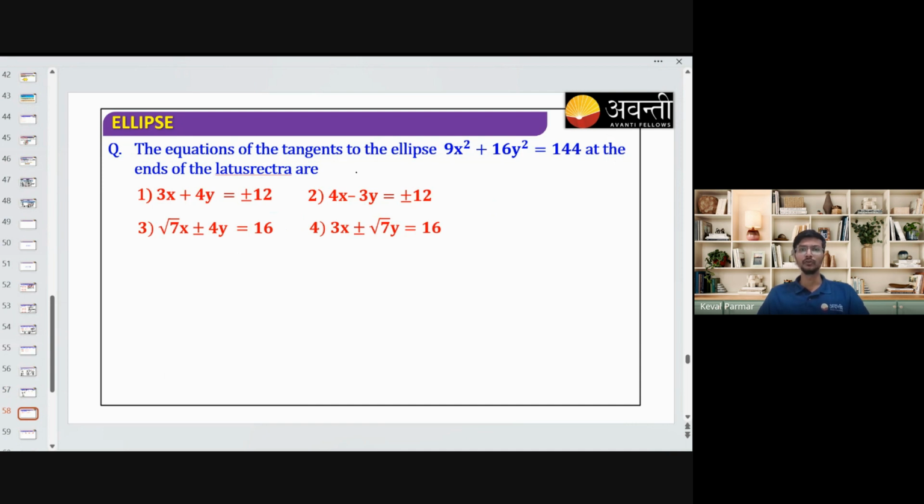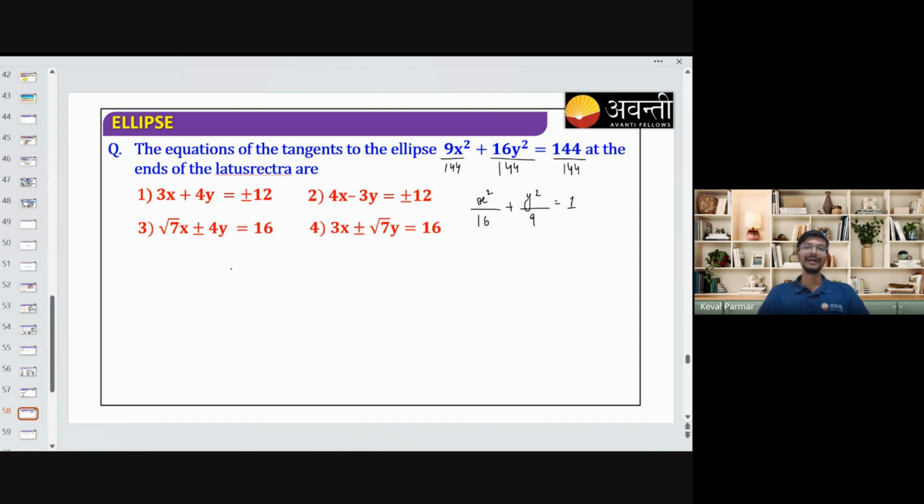Fine. So let's write the equation in standard form by dividing with 144, because on the right hand side we need one. So I think I'll get x square upon 16 plus y square upon 9 is equal to 1.